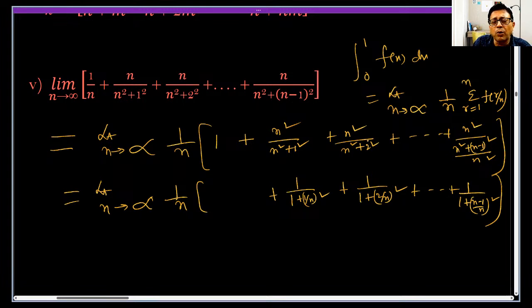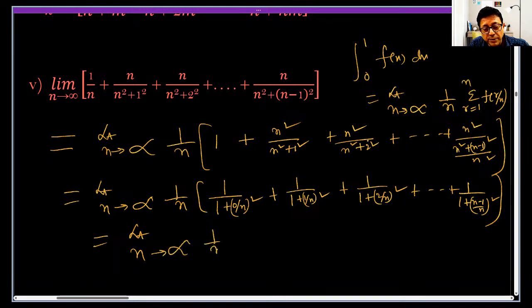But the first term is only 1. Here I got n minus 1 by n. Here 1, 2 up to n minus. Let me write this one as 1 plus 0 by n whole square. And then write, because I told you this may be 0 to n minus 1 or 1 to n, whatever.